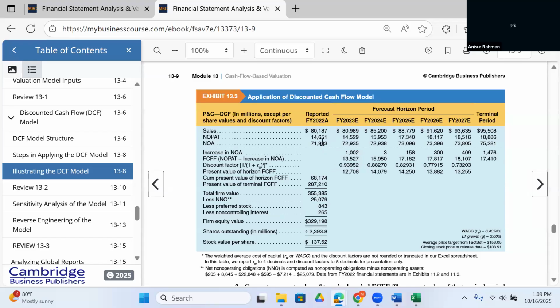That is because they go into further details to separate some of the line items, which I ignored to keep it simple. But if you do that, then you will actually arrive at $137.52.